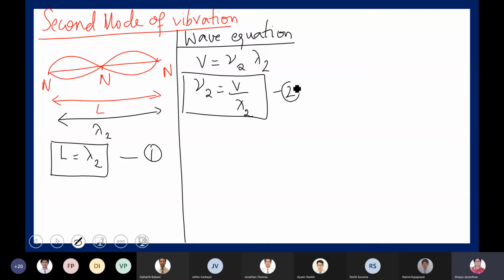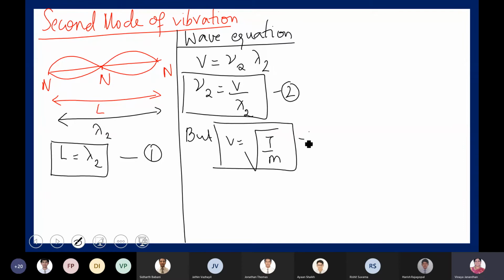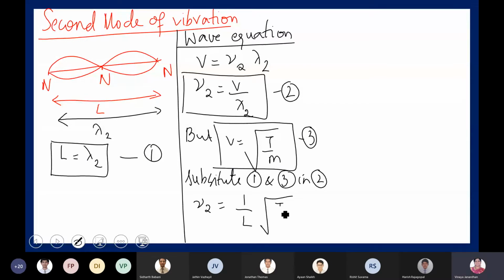This is 2. But you know what V is? V is equal to root of T by M. So mark this as equation 3. Now you substitute 1 and 3 in 2. Boys, is that fine what I'm doing? Is that fine, boys? So it will be 1 by L root of T by M.